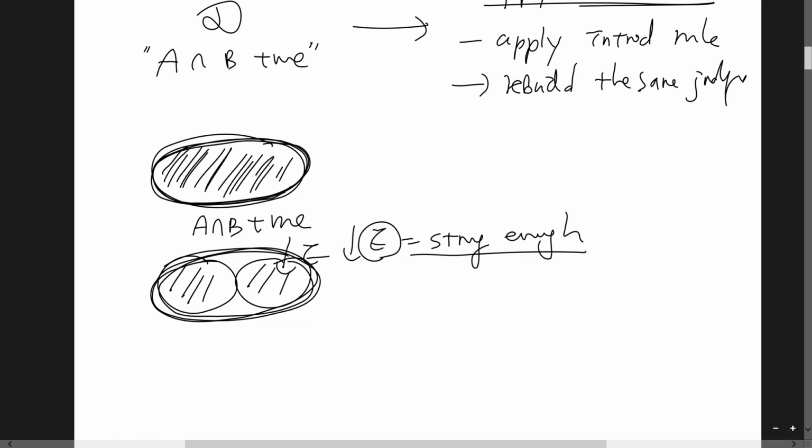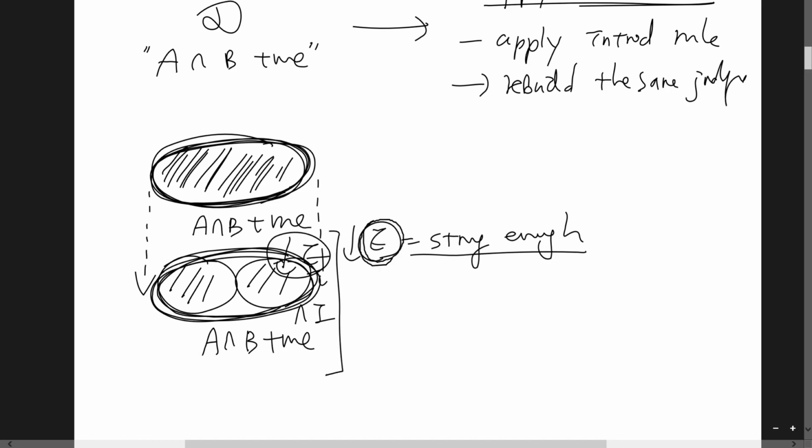If we managed to reconstruct the original information by applying these elimination rules, we essentially have precisely the same amount of knowledge. Therefore, we should be able to deduce A conjunction B true again by applying the introduction rule. And this would not be possible if the elimination rules were not strong enough. For example, no matter how hard we try, if we never retrieve this judgment, this part of the information is missing, so therefore we would not be able to reconstruct A conjunction B true.